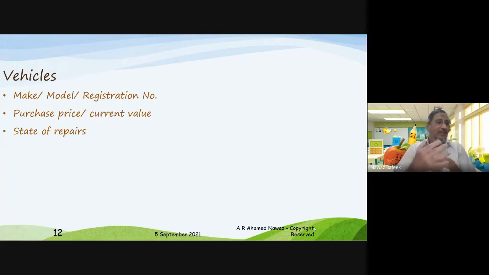We don't have a title on the vehicle. So understand this very carefully. Make, model, registration number, and engine number, chassis number. Both have to be checked.